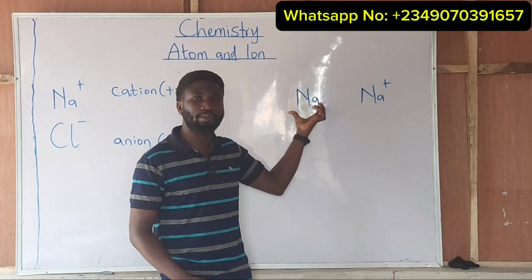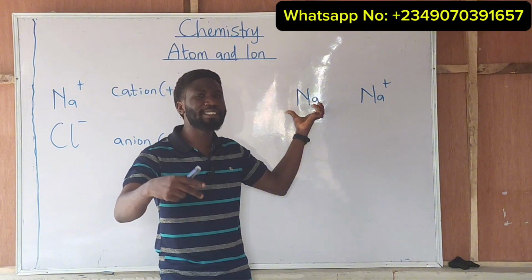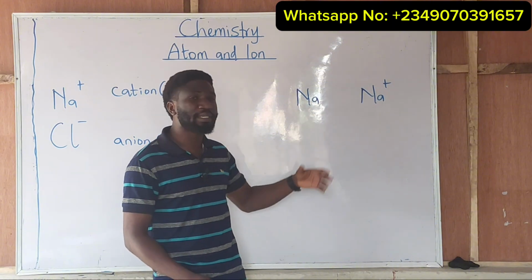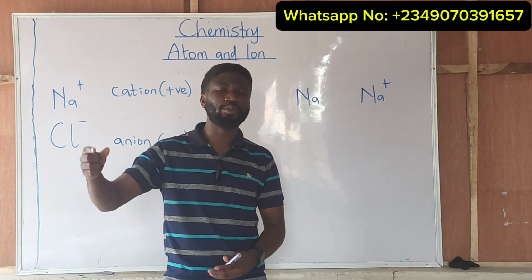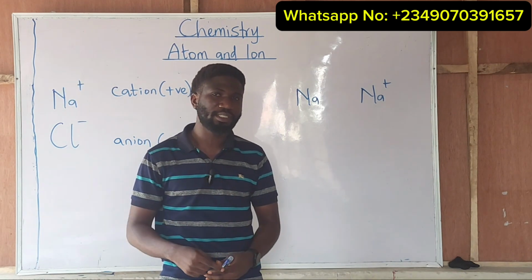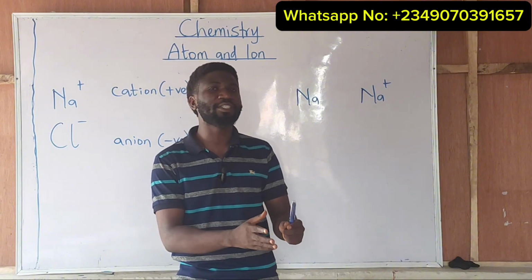When a sodium atom loses an electron, why is it losing an electron? Sodium is a metal. Whenever you have an atom possessing a positive charge, that shows that the atom is a metal.